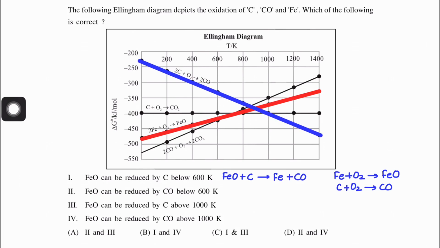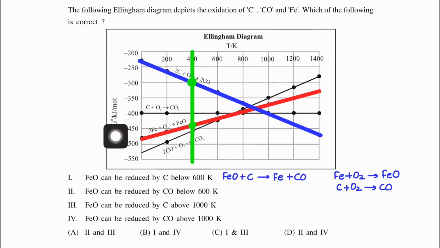Now, since the temperature is below 600 Kelvin, this is the 600 Kelvin. Below that, any temperature you can take. Let's take 400 Kelvin. At that temperature, which one is more stable? Is it iron oxide more stable or carbon monoxide more stable? So we'll see iron oxide is more stable. Why is it more stable?